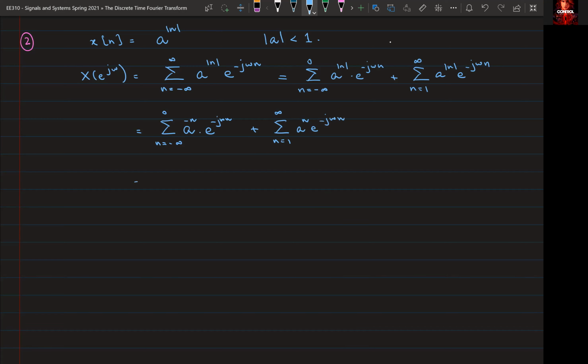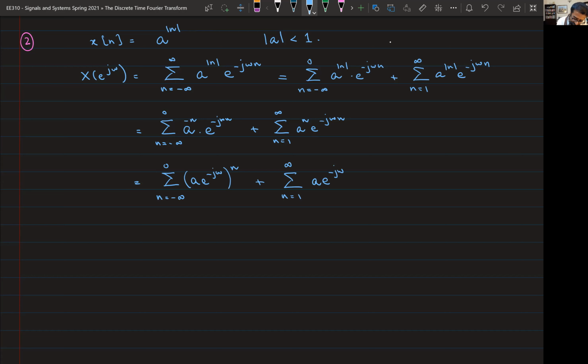And then I can go about more or less the same methodology: a times e to the minus j omega, raised to power n, plus this is n equals 1 to infinity, a e raised to power minus j omega.